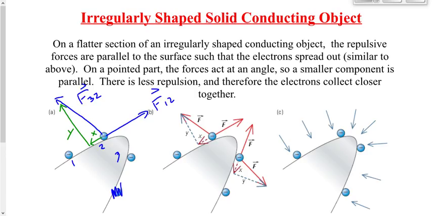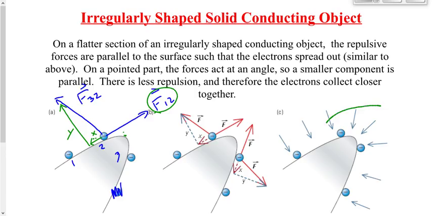But the X component tries to counter this F12 that's pushing it to the tip. So you've got a force pushing it to the outer tip, and then a force trying to push it back. But this one wins. So what happens to these electrons? They tend to go towards the outer tip.